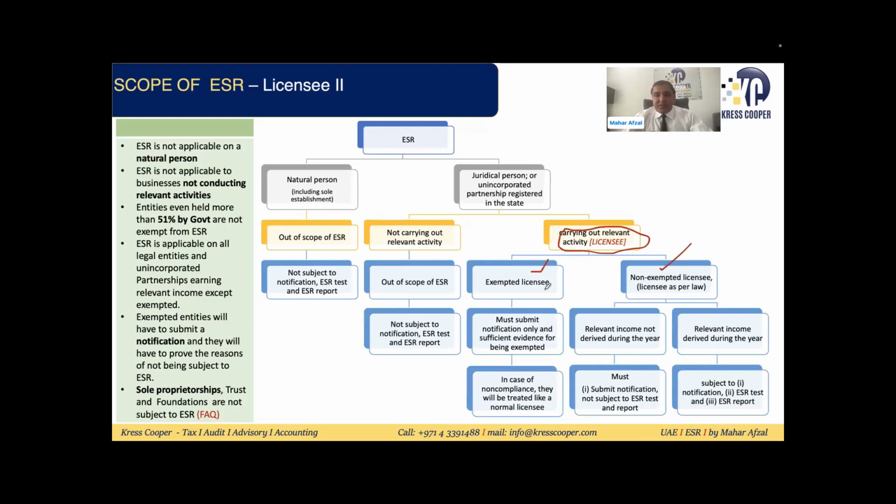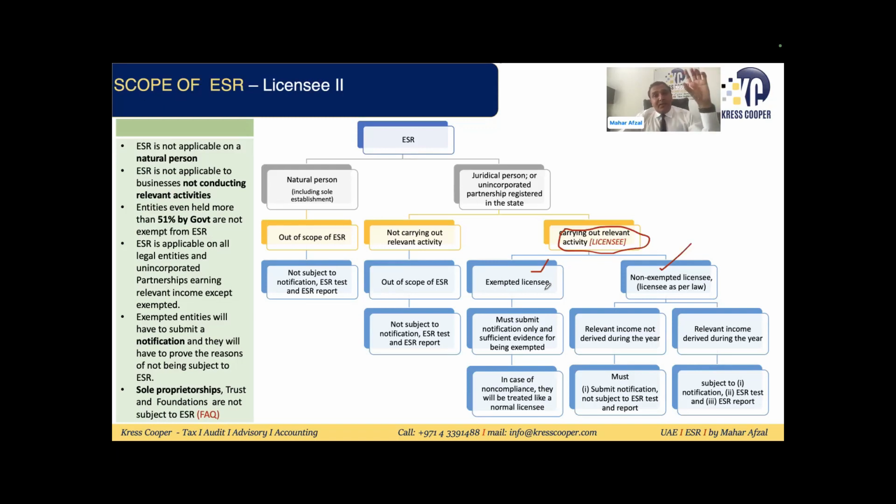If the juridical person is an exempted licensee, then the law requires they need to submit the notification only and sufficient evidence for being exempted. In case of non-compliance, such licensees will be treated like a normal licensee. So an exempt licensee needs to submit the notification. If they are not submitting the notification, then it will be considered a full-fledged licensee.